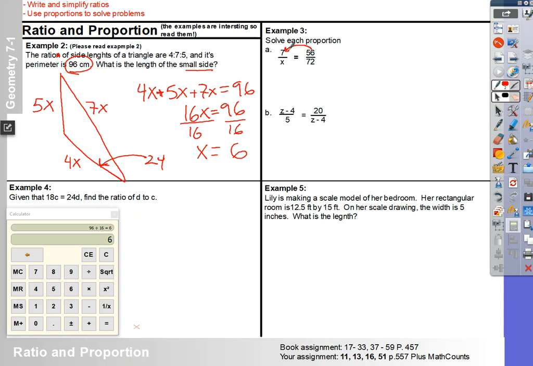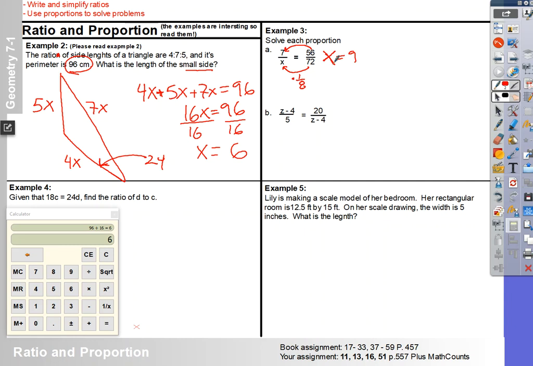What did I do with 56 to get 7? 56 divided by 8. Oh, yeah, I divided by 8 or multiplied by 1/8. So let's multiply 72 by 1/8 or divide by 8, which equals 9. So x is equal to 9. And I did not need to cross multiply. I could just use scale factor.